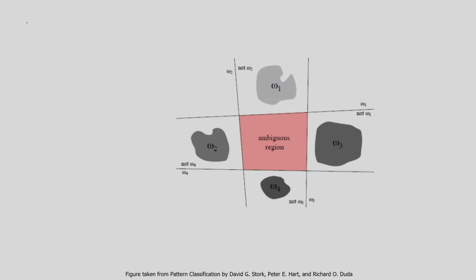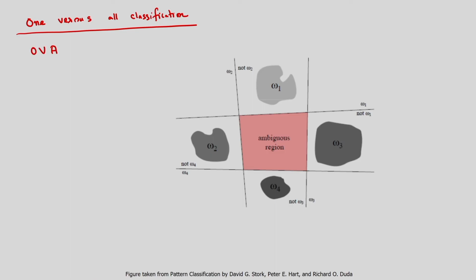First I am discussing one versus all classification. This is the first technique, and it is called the OVA technique.